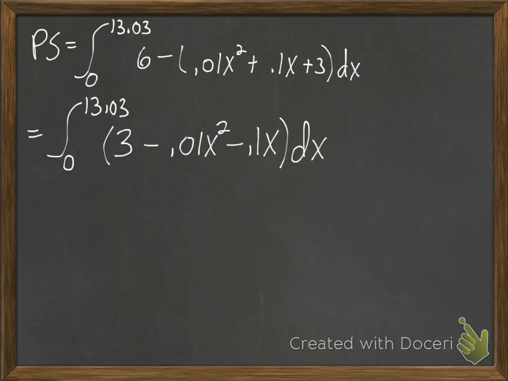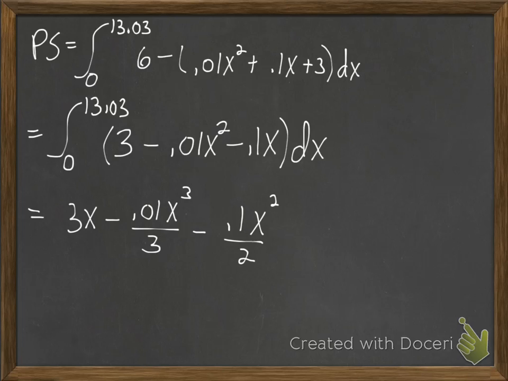And so we go through and we do our antiderivative of each piece. 3x, and then for 0.01 x squared, you'd add 1 to the exponent, make it 3. So it's going to be 0.01 x cubed over 3. And then for 0.1x, add 1 to the exponent, divide by it, so it's going to be 0.1 x squared over 2, and that's evaluated at 0 and at 13.03.